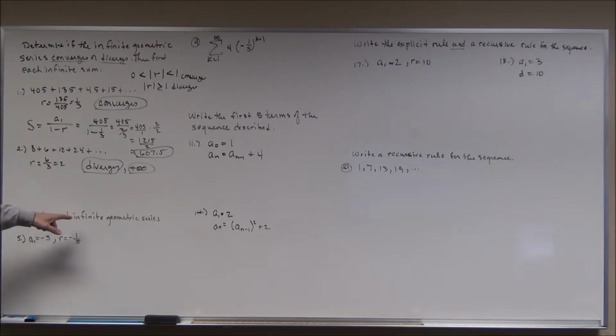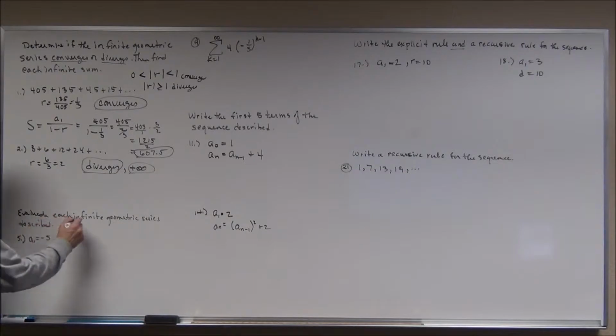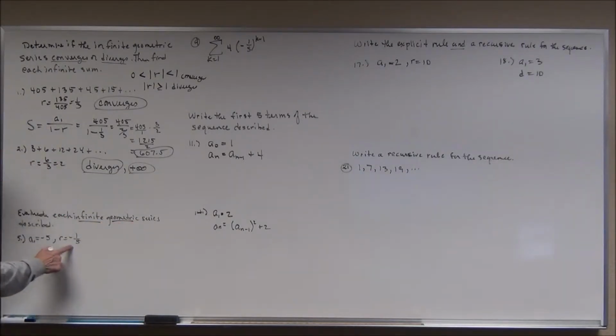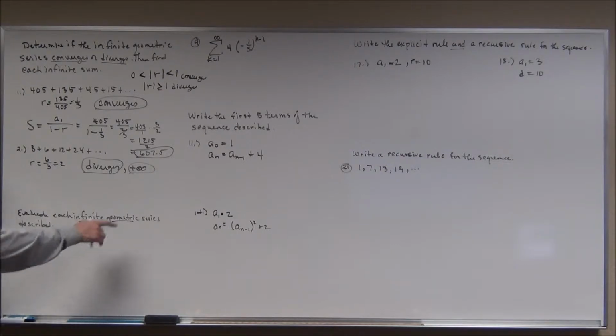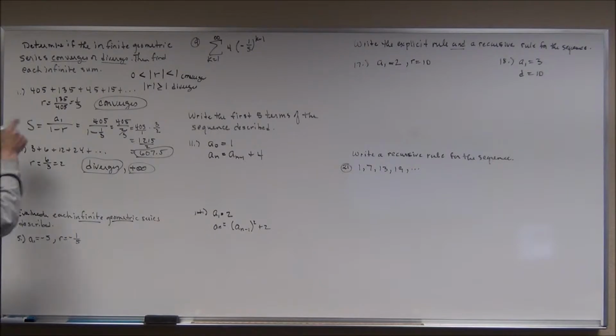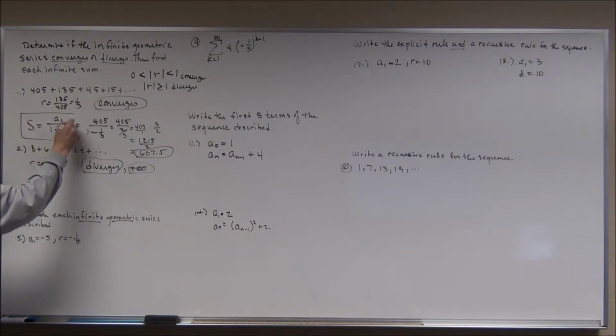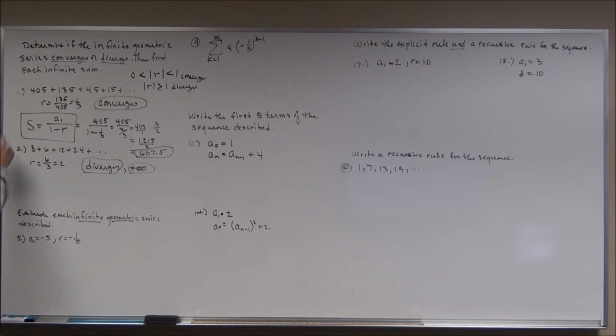Now it says here to evaluate each infinite geometric series described. Well, look at what I have. It's infinite, it's geometric, and the absolute value of the ratio r, the absolute value of negative 1/5, is 1/5. That's between 0 and 1. So this has a sum. And I go straight to this formula, which is another formula that you're going to need to memorize. Got to know this one. So the sum is the first term, negative 5, which they give me, all over 1 minus the ratio, which is negative 1/5.